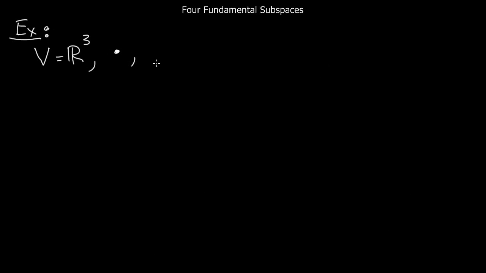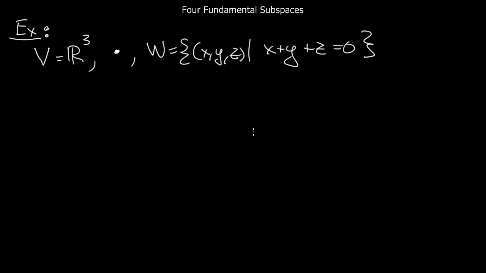Let's do an example. Let's take V to be R3 with the usual dot product, and let's take W to be our favorite subspace, the one where the sum of the coordinates is equal to 0. So this is a plane, perpendicular to the vector 1, 1, 1.